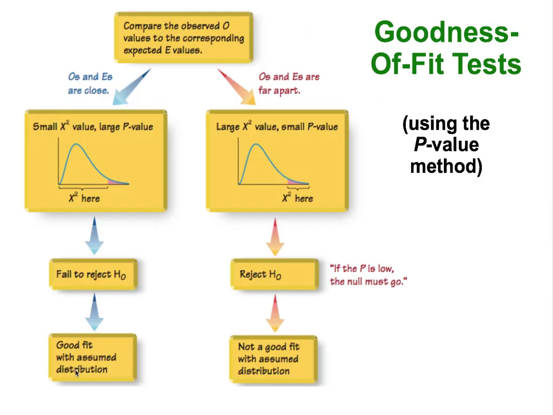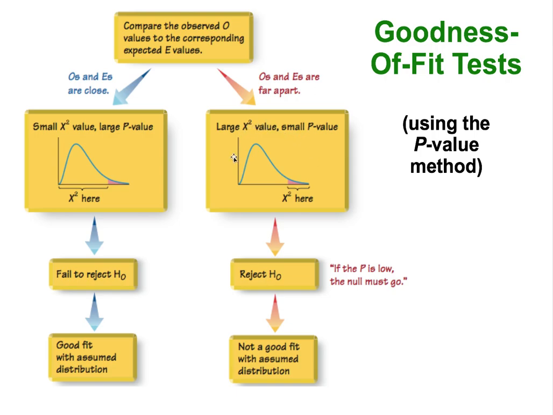And here's a summary of that, particularly in this graph. If your observed and expected are close together, you have a small test statistic, and that's going to be down here at this end under the fail to reject region.